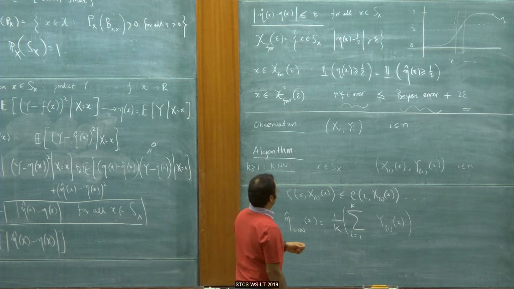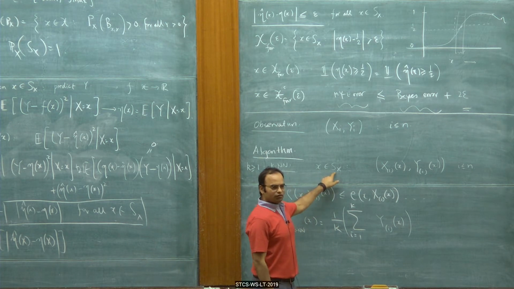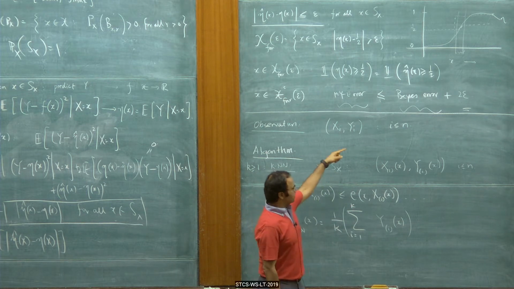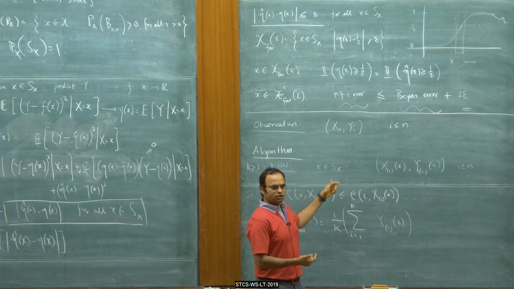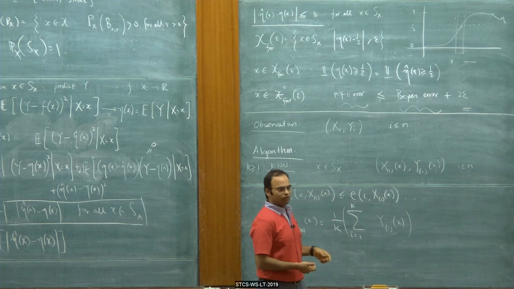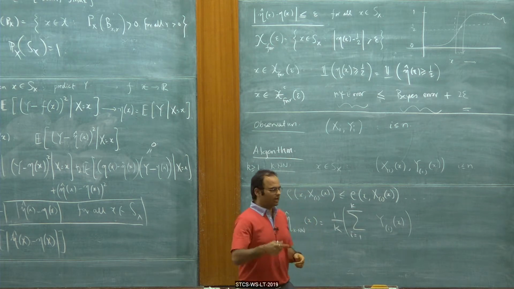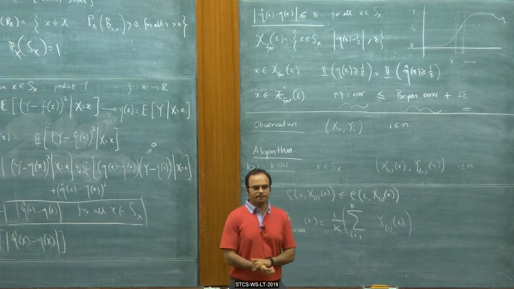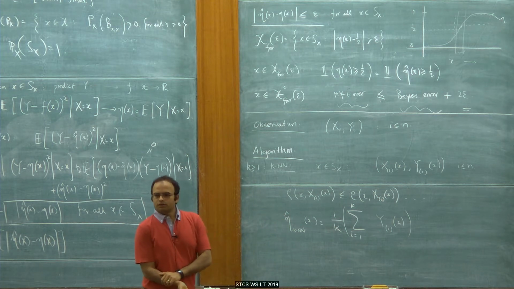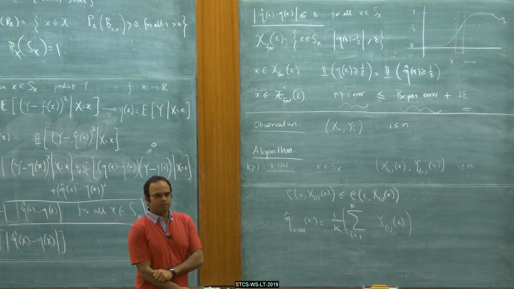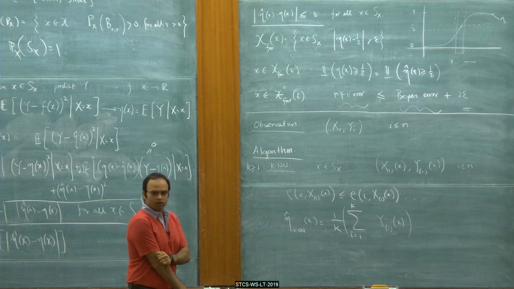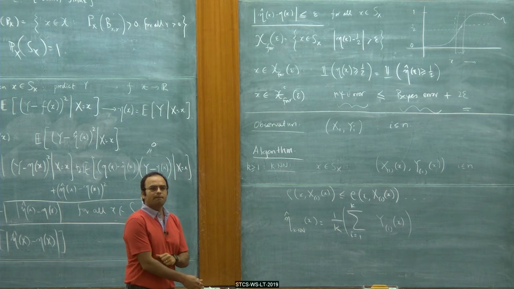The closest is defined as: look at the x that you are observing, look at the features of the data points that you have seen, find out the closest with respect to the metric that you have in that feature space, and then look at their labels and just average them. So that's the k nearest neighbor. It's a simple vanilla algorithm, nothing more than that. Questions?